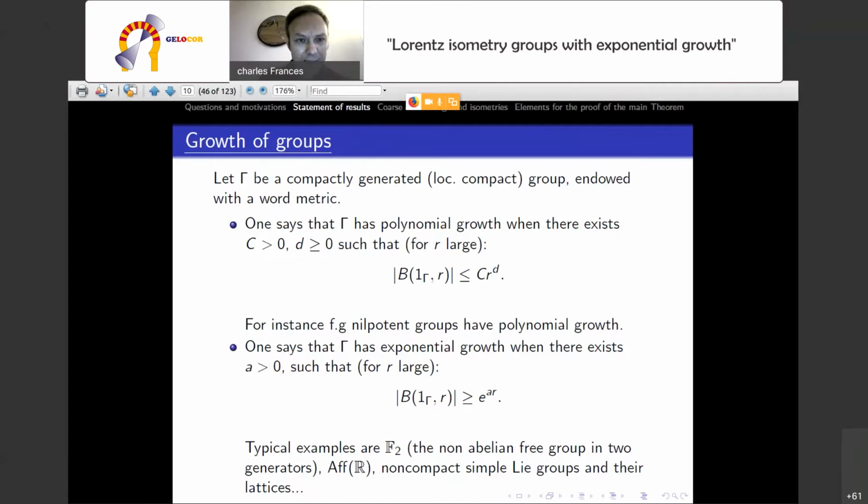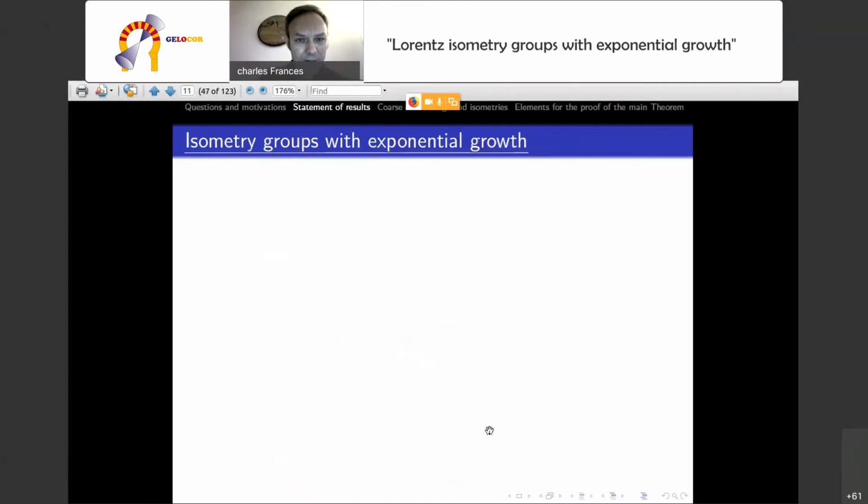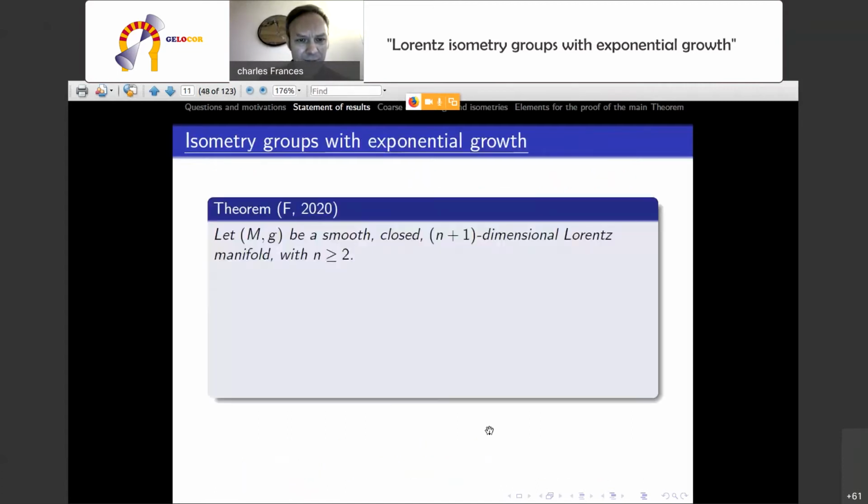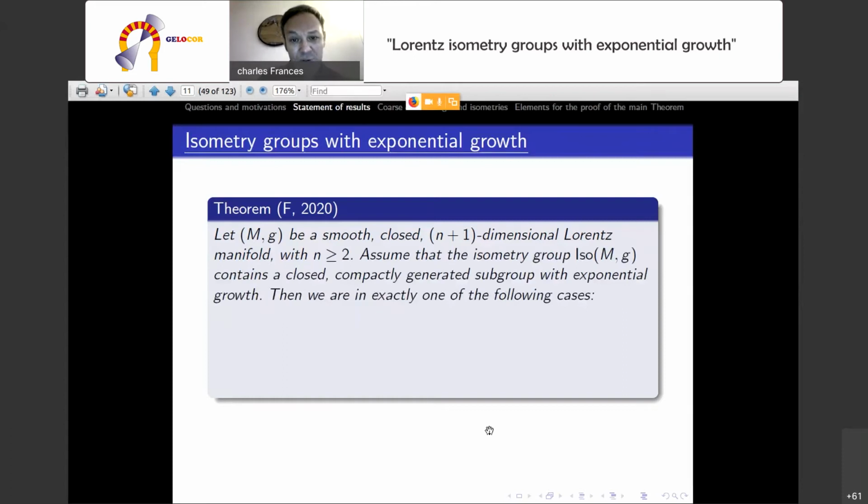And I can now state the main theorem I would like to speak about today. So the theorem says you take a closed n+1 dimensional Lorentz manifold, so with dimension at least 3, because if not, my assumptions will be empty. And you assume that the isometry group contains a closed, compactly generated subgroup with exponential growth.